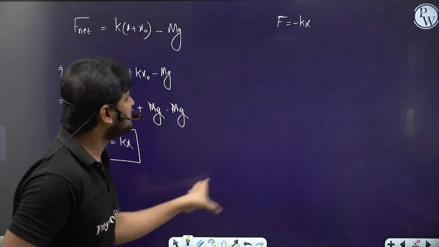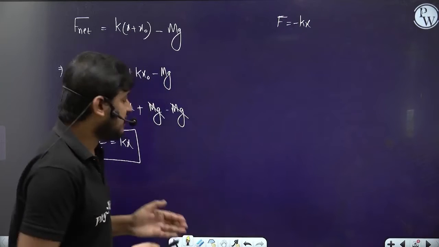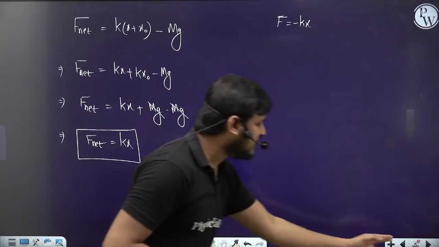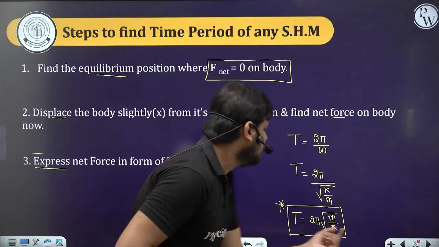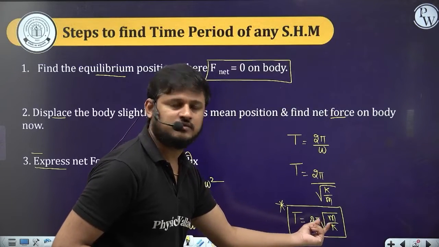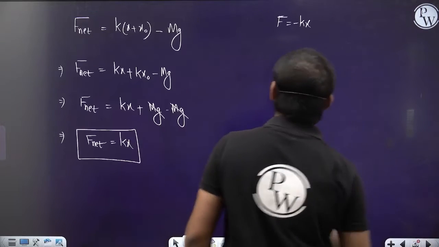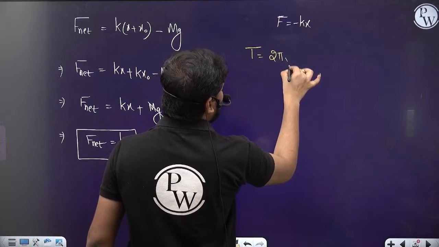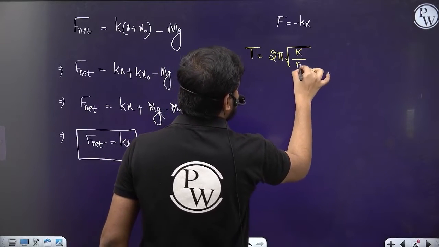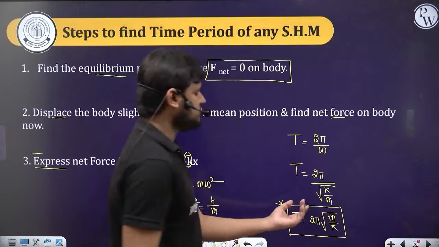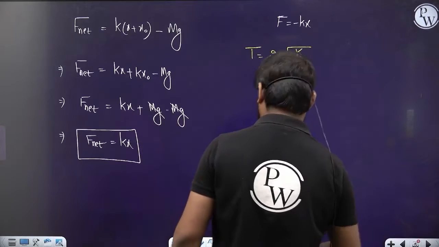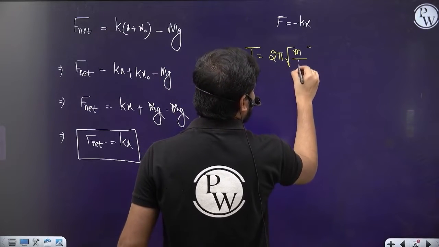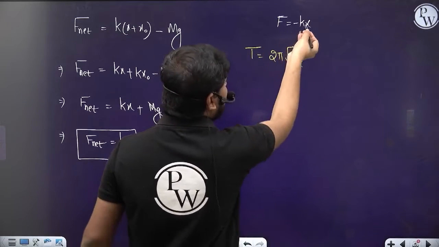Whatever that k value is, we have to substitute it here, and then we get the time period. In this particular case, it is simply 2 pi into root over m by k.